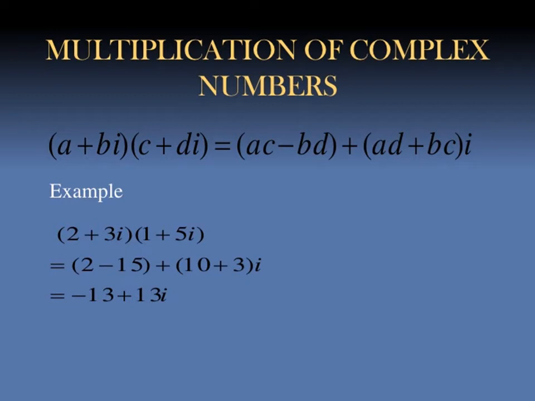So when we multiply two complex numbers a plus bi into c plus di, that is equal to ac minus bd, and we separately write the imaginary part: a into d plus b into c, and take common i from these two terms, then it becomes ad plus bc, bracket completed, and outside the bracket we write i as the imaginary number.